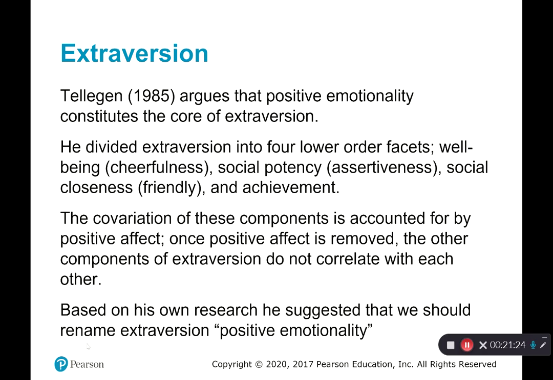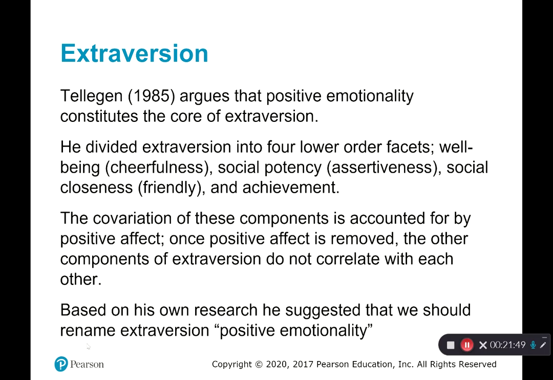Now, there are some problems with this. For example, the shared variance between positive emotionality and extraversion is only about 30%, so that suggests clearly there's more to it than just positive emotionality.